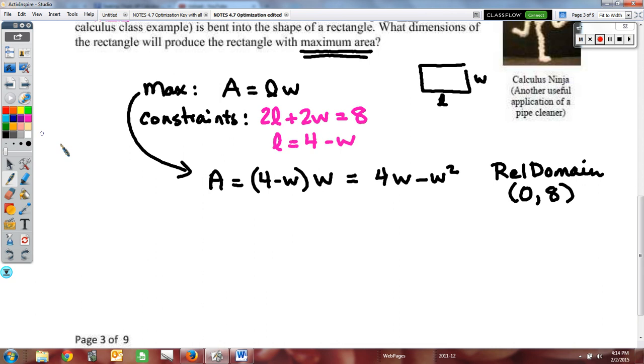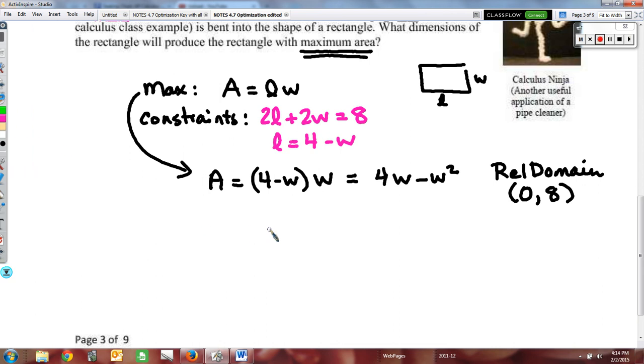All right, so we're ready to go. We know that we have to use modified first or modified second. So we're going to take the derivative and find our critical values. This step is almost all the same as in the first ones. So my A prime, and again, remember we're taking the derivative with respect to w. We're finding dA/dw. We are not finding it with respect to time because we're not doing a related rate problem.